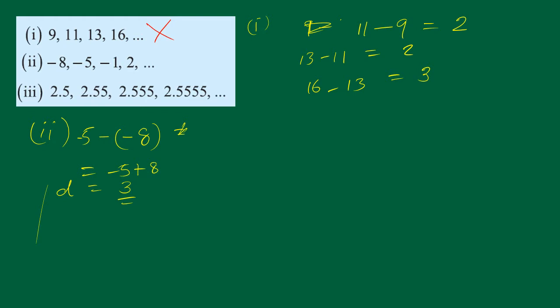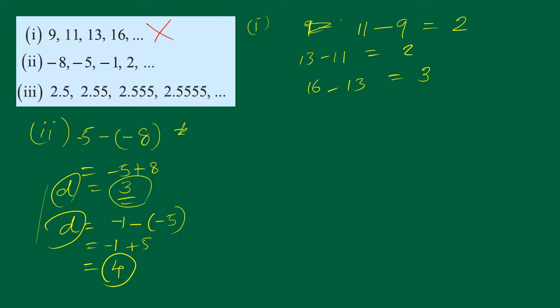With the next two terms you can get d from minus 1 minus (minus 5), then you get minus 1 plus 5, and this is 4. This is not the same d, so you get here 4 and here 3, and you can say that the second one is not an arithmetic progression.